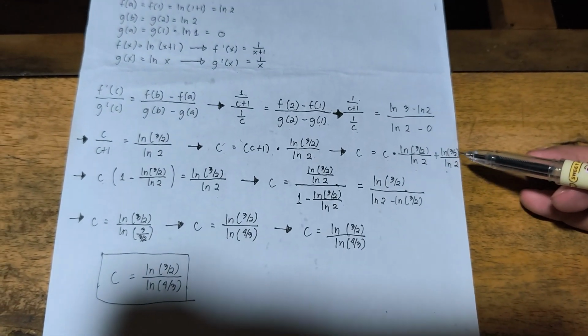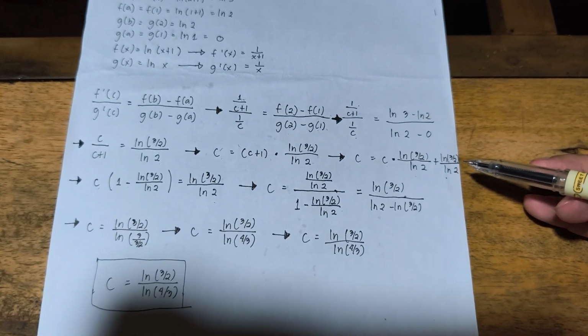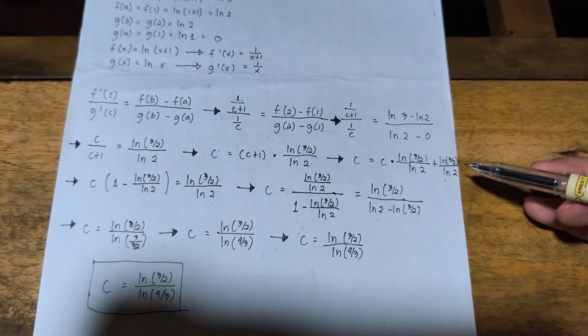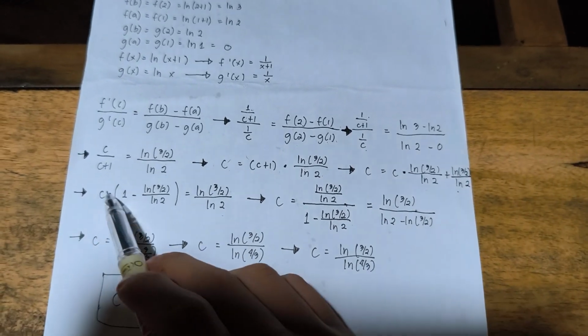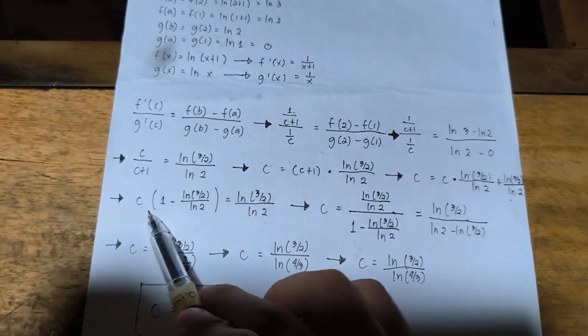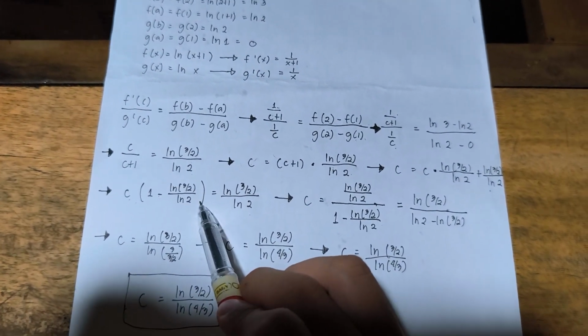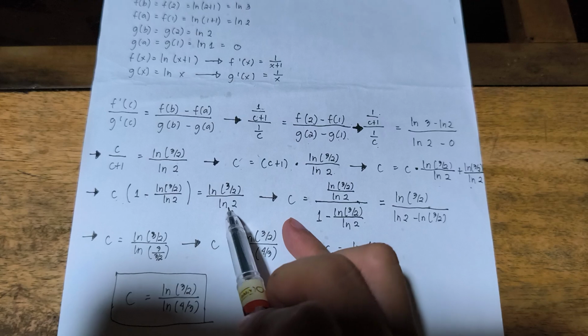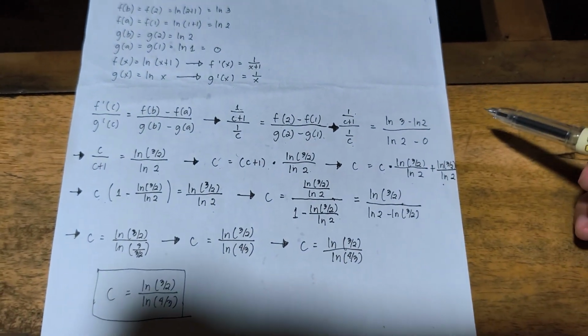Then next, we subtract c times ln 3 halves over ln 2 from both sides. So we have c times 1 minus ln 3 halves over ln 2 is equal to ln 3 halves over ln 2. Then after that, we divide both sides.